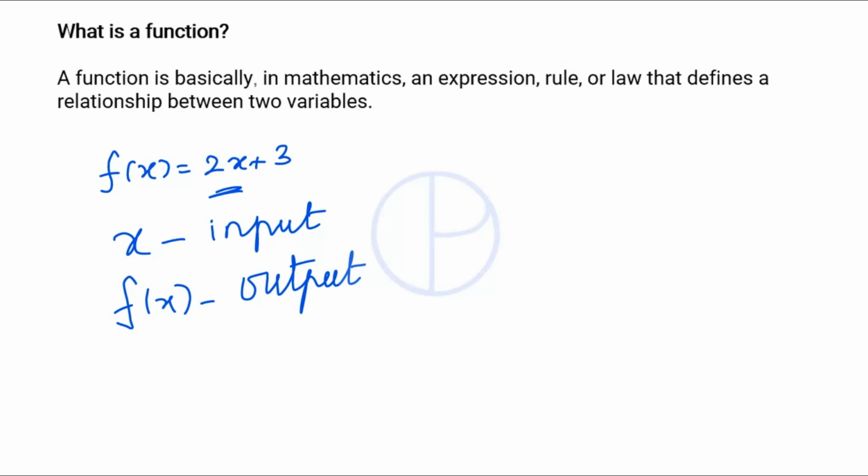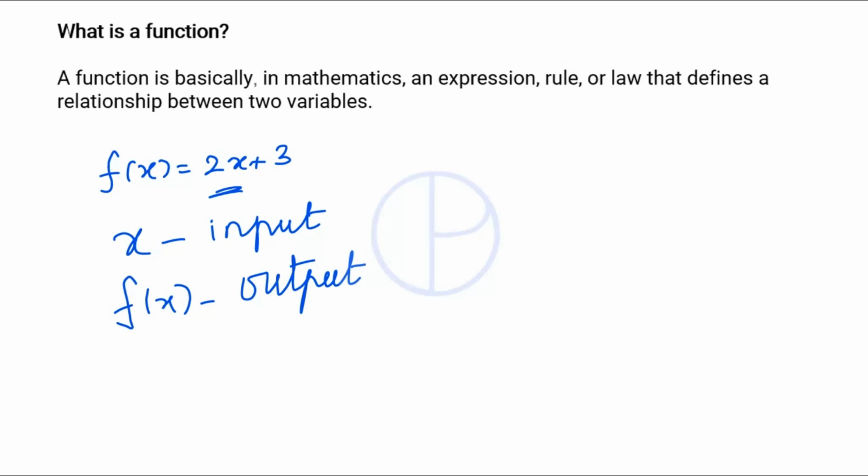We are going to input values into the function, then we have some sort of rule like 2x plus 3 or x squared plus 4x plus 5, or some kind of manipulation or mathematical operations. When you are done with that, we get some sort of output value. That is the f of x value.